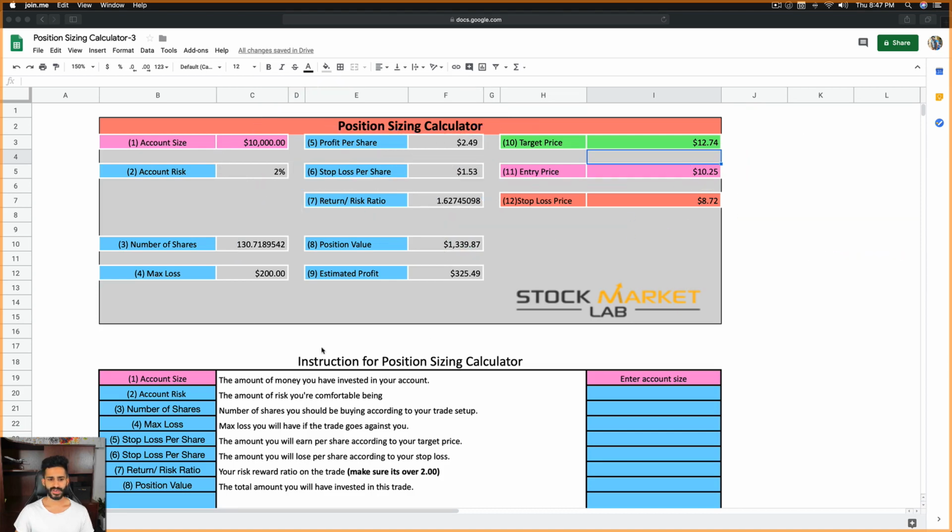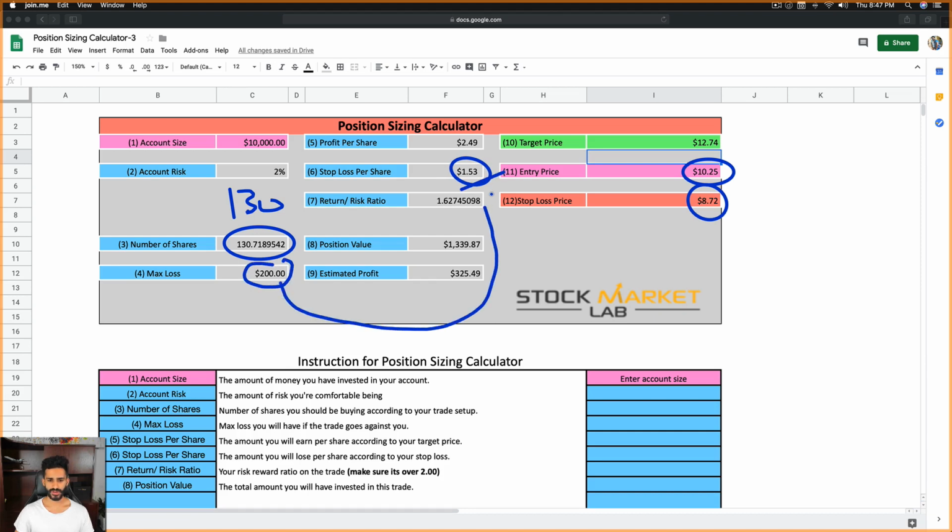The next number is our number of shares, as I mentioned. It's telling us we can only buy 130 shares, and the way it's calculating this, it's taking our entry point and our stop point, which is $1.53, and it's dividing our max loss, which is 200, by $1.53.